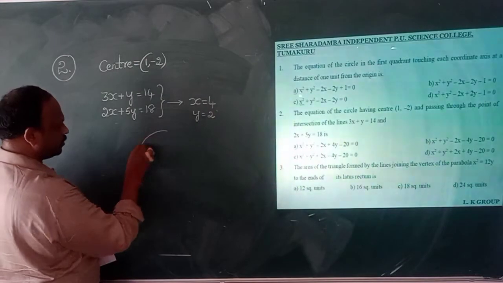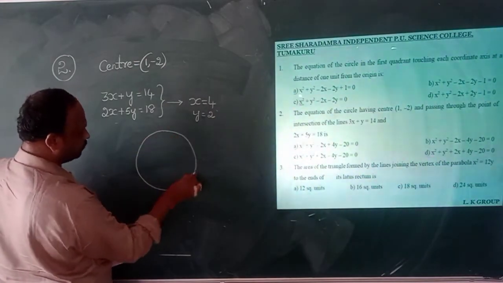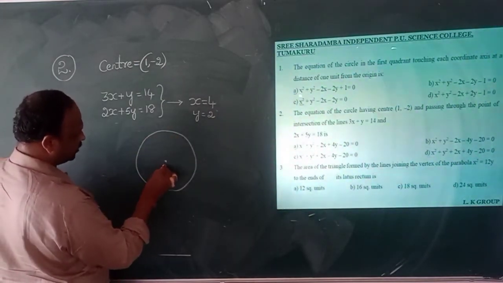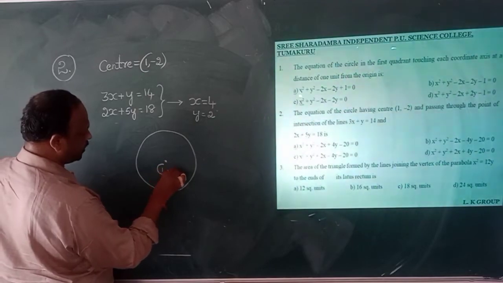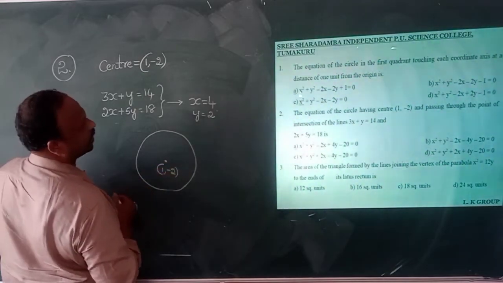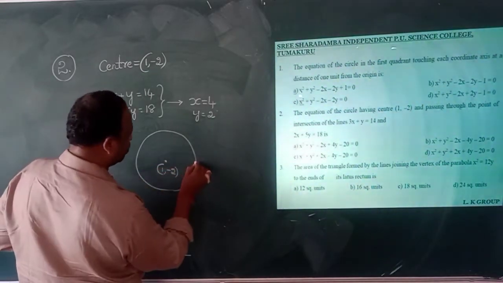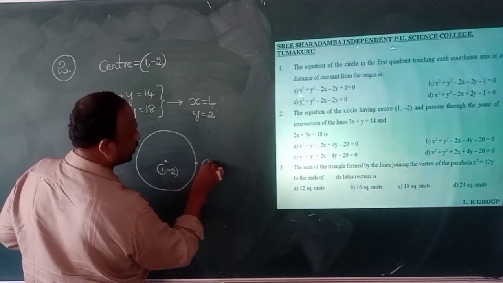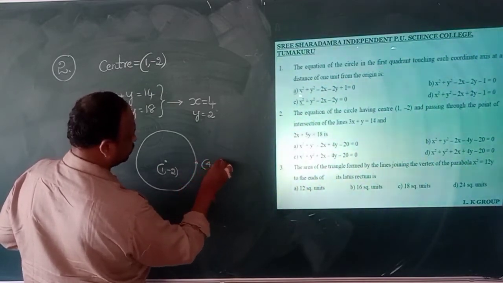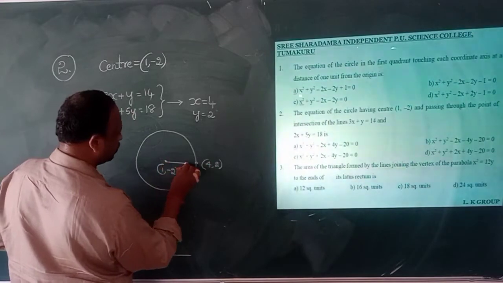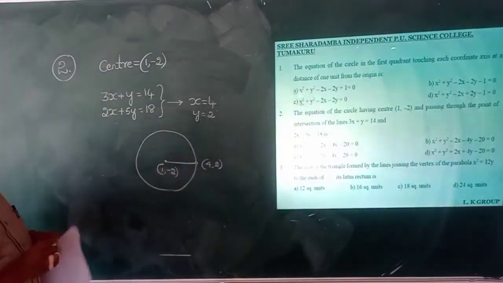So here the circle having the center 1, minus 2 and passing through the point 4, 2. Find out the radius.